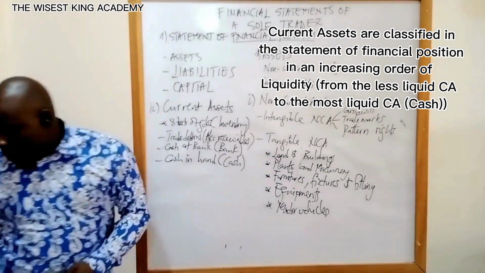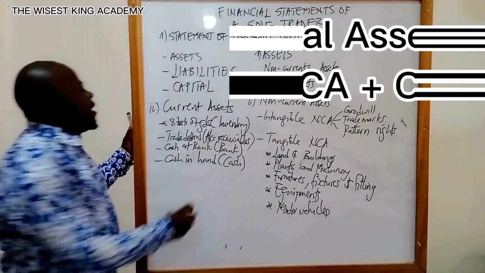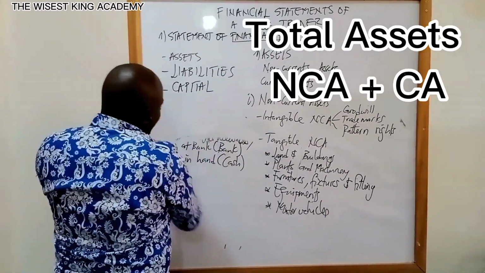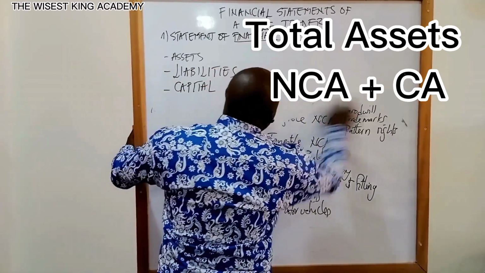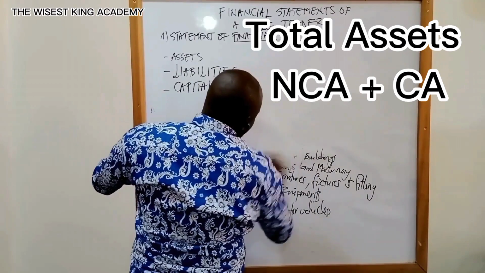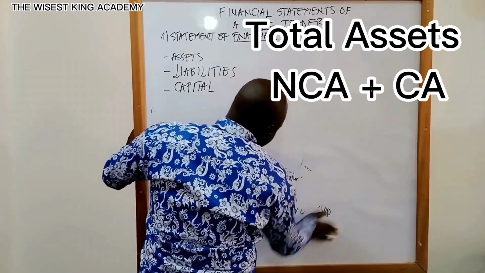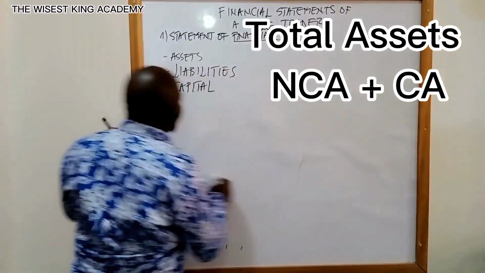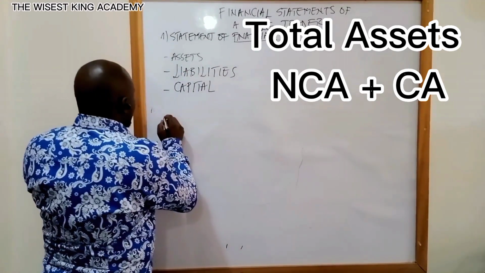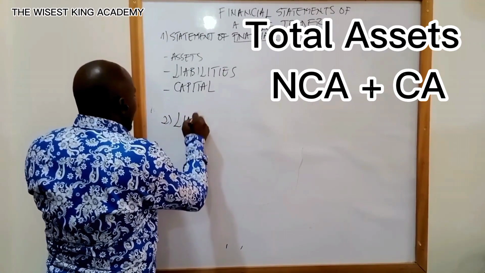So that is it about assets. Now, let's move straight to the second, liabilities. That's number two, liabilities.